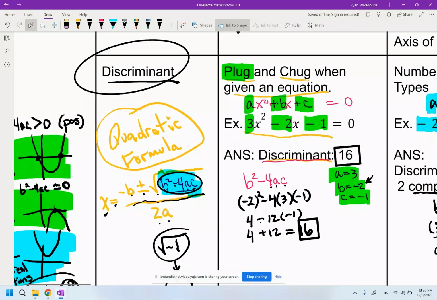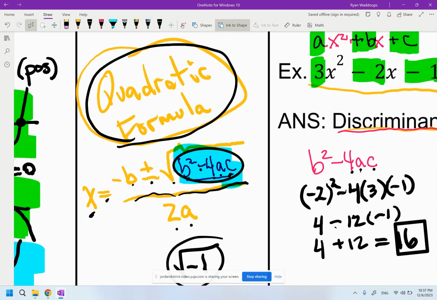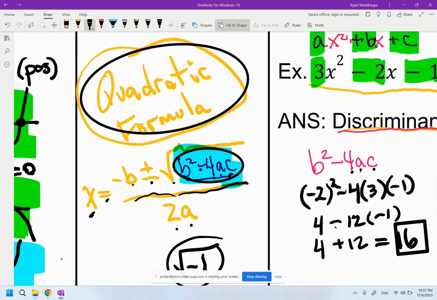The discriminant comes from the quadratic formula, and this is the quadratic formula. I've got a song to help you remember it. It's x equals negative b plus or minus the square root of b squared minus 4ac, all over 2a.